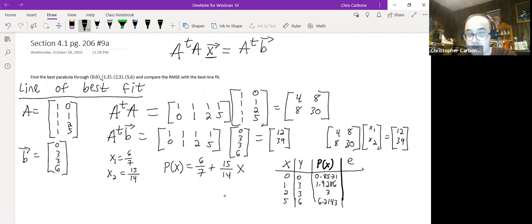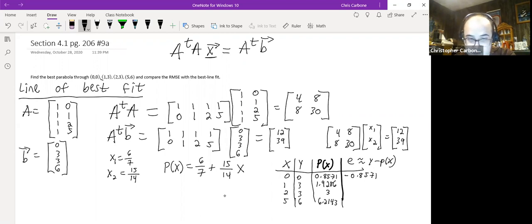There are times when we subtract y minus the value of the function. So let me just quickly note that. Y minus the function. We obtain these errors. We have negative 0.8571 for 0 minus 0.8571.